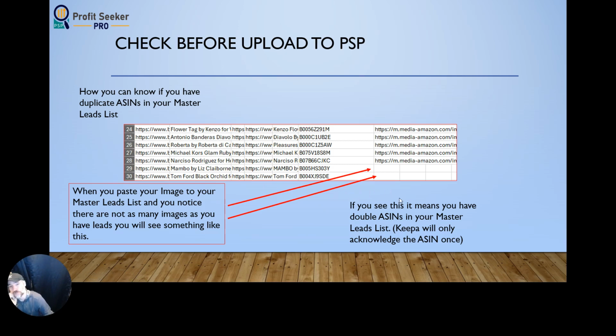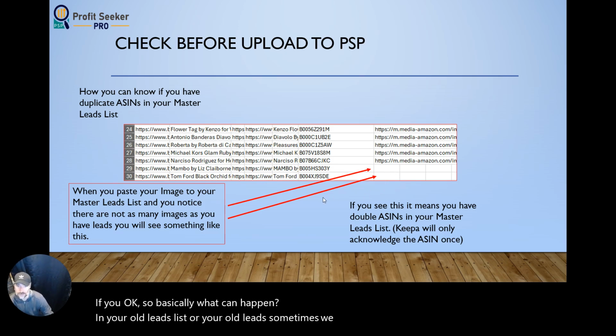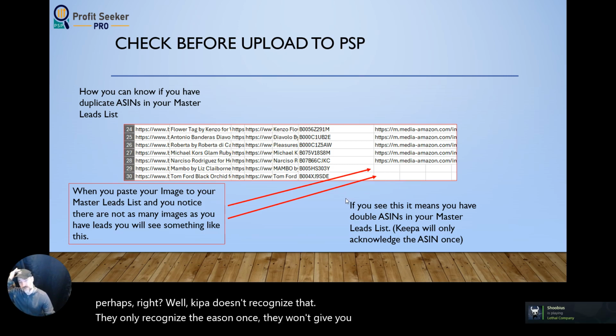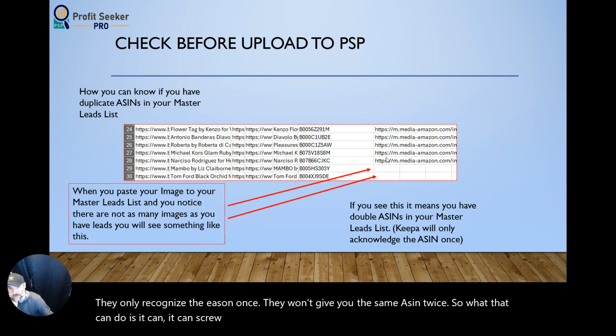Basically, what can happen in your old leads list is that sometimes we have multiple of the same ASIN, right? Well, Keepa doesn't recognize that. They only recognize the ASIN once. They won't give you the same ASIN twice. So that can screw up the order of our images, right?